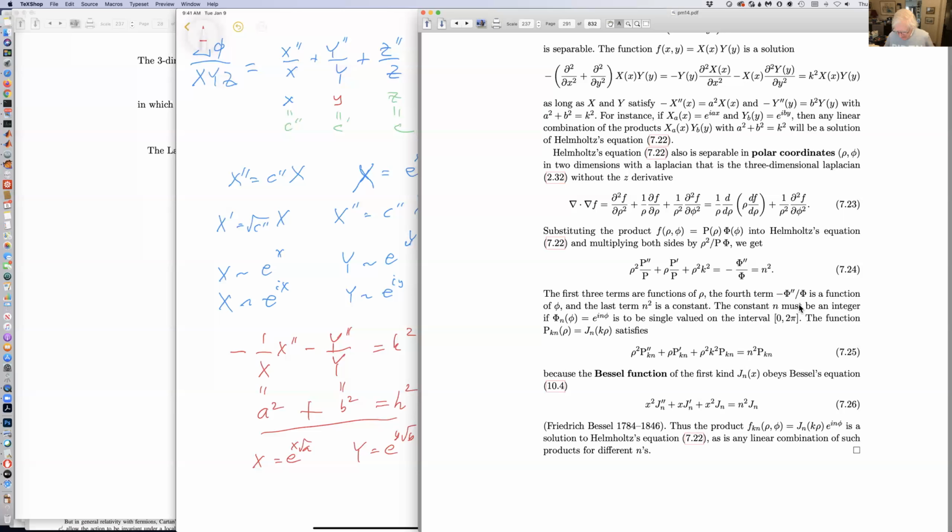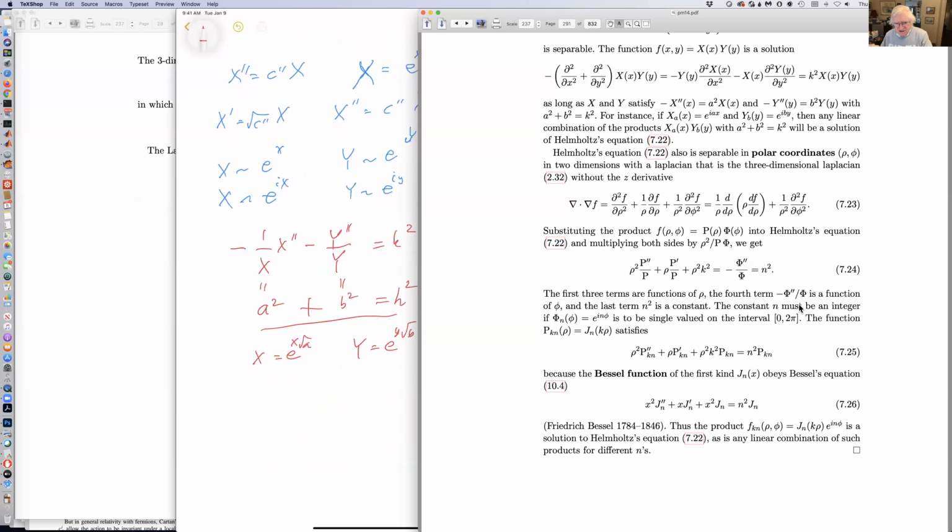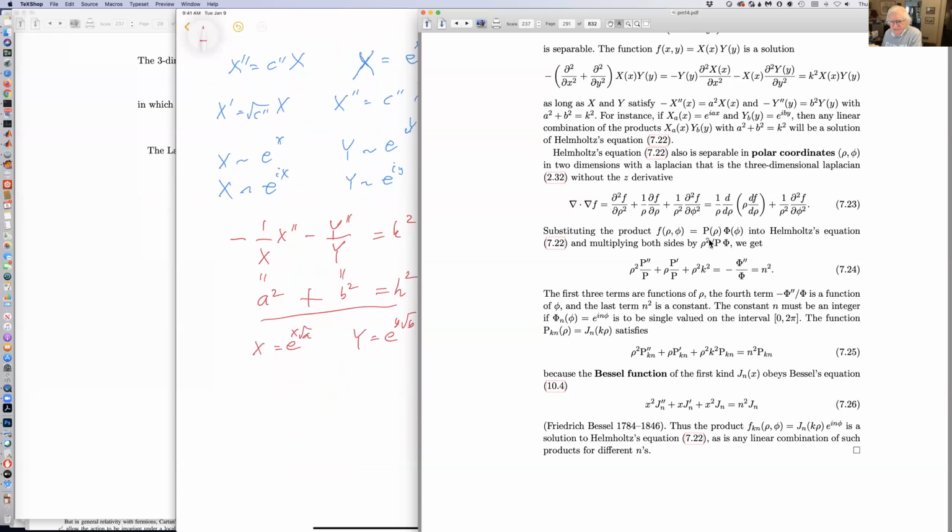And then there's something subtle that happens that is sometimes skipped in books: this n does not need to be an integer. But on the other hand, let me change colors back to black now.